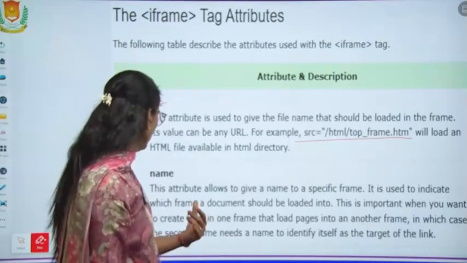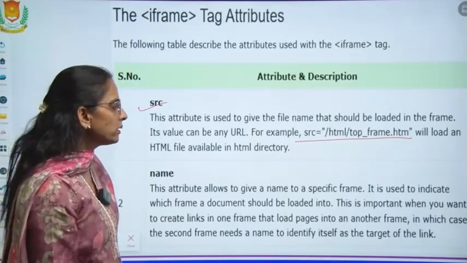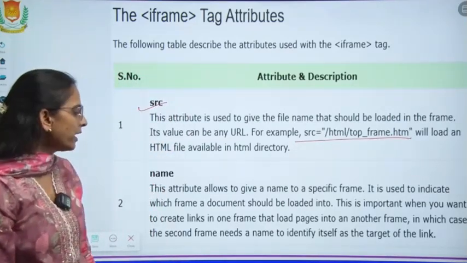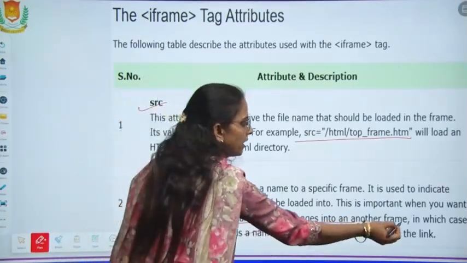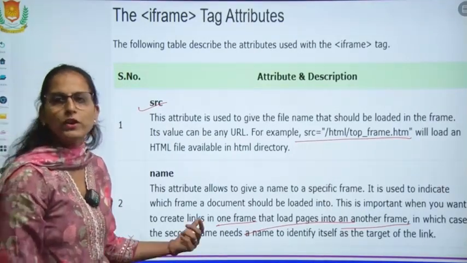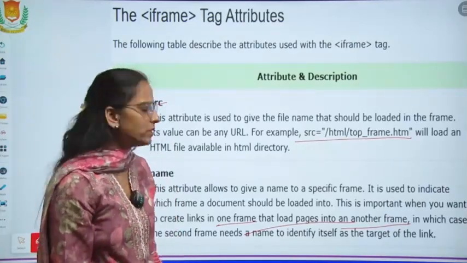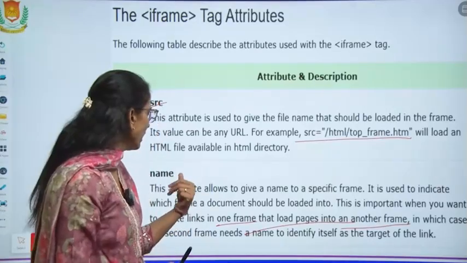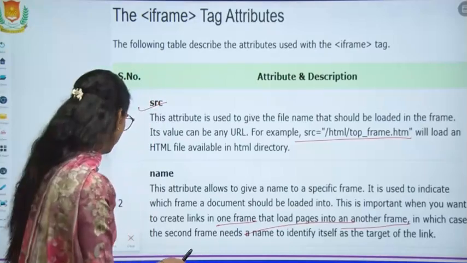It is used to indicate which frame a document should be loaded into. This is important when you need to create a link from one frame that loads the page in another frame. Name is always required because when you are opening your web page in frames, we will not come to know by which name it is related. So the name attribute should always be related to the website.